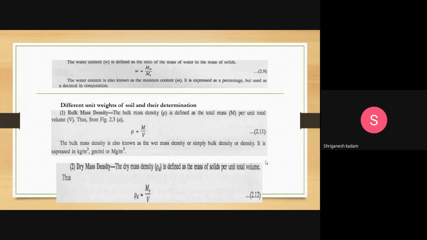Now this remaining part, after that we will start with different types of densities. Okay, so maybe we will study this in the next lecture, how to find out water content, what are the different types of densities.